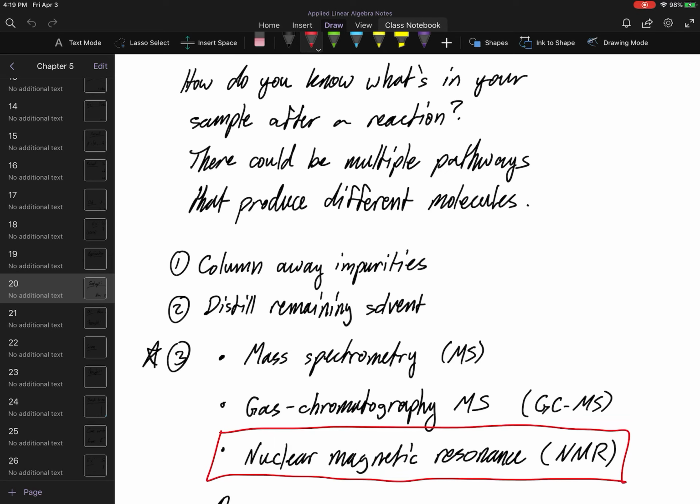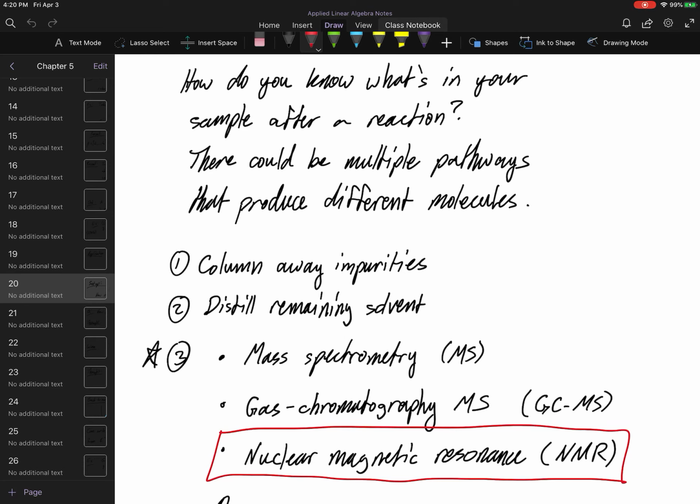So hopefully the thing that we created, the thing that we want to know is in our solvent, is going to be in the solvent after we've filtered out all the larger particulate matter. So we're going to take that solvent and distill it away. We're going to separate out the solvent from the remaining bits of the reaction.